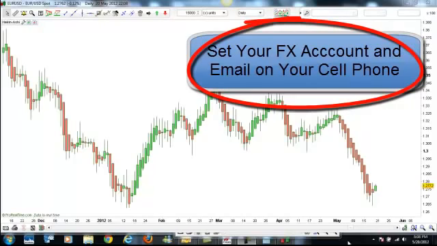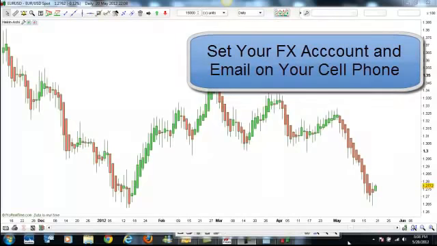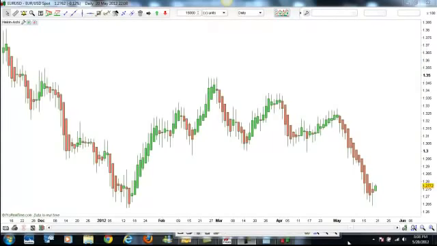If you don't have a smartphone and you're trading Forex, I'd highly suggest that you upgrade your phone to one that you can at least get your email on and read it on. I'm going to suggest that a lot of the bigger brokers out there have the ability for you to trade directly off your cell phone. So you can log in, enter trades, close partial positions, add your stops and limits, all of those.